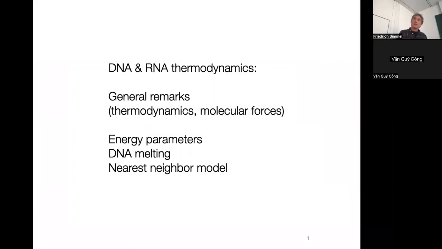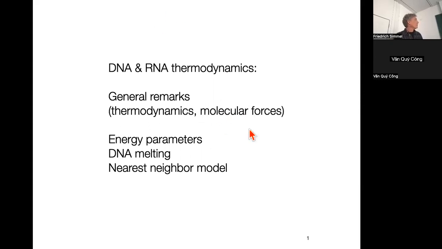I again will just start with preliminaries that are very general. So I hope it's not too boring, but DNA and RNA are complicated molecules, of course. They contain many different chemical groups, and therefore many different molecular interactions play a role in DNA thermodynamics.